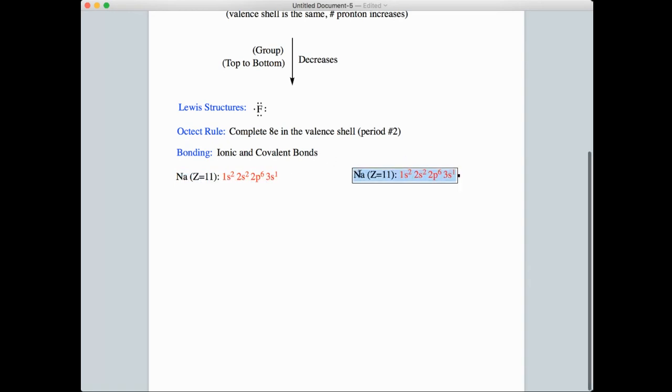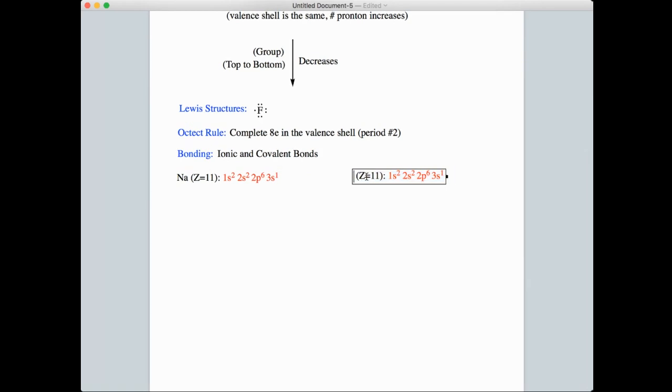So 1s is 2, 2s is 2, 2p6, that's 10, 3s is 2, that's 12, and then 3p5.